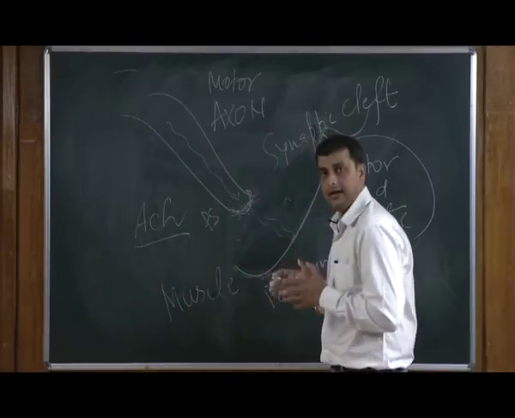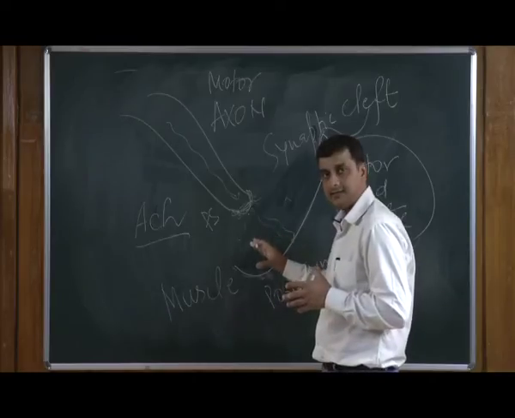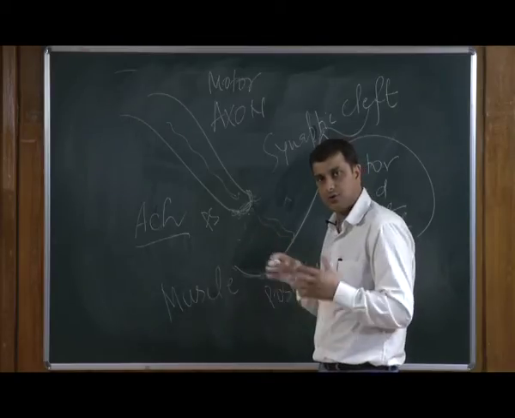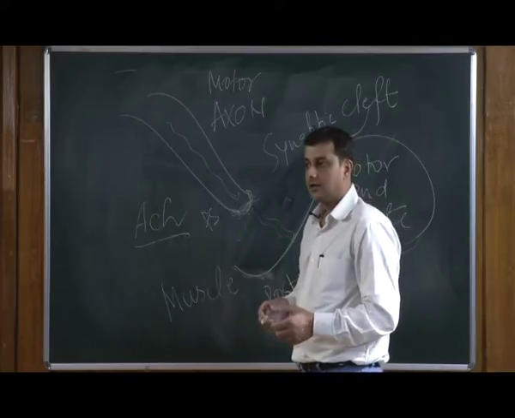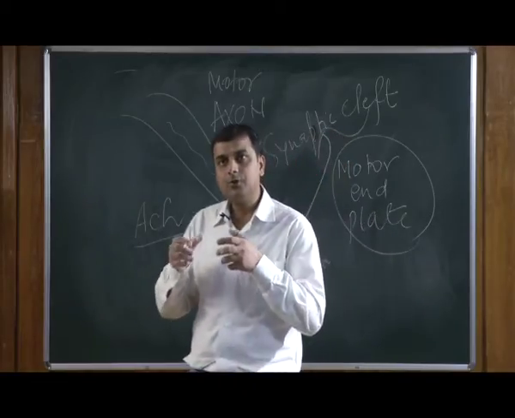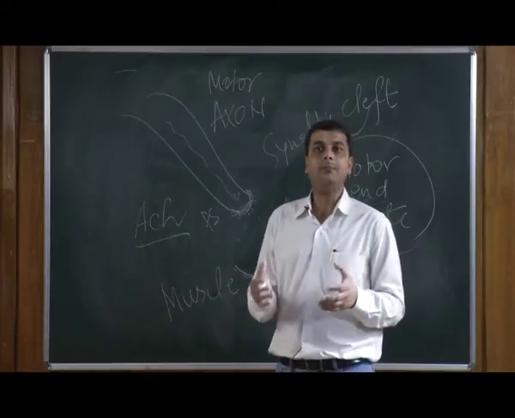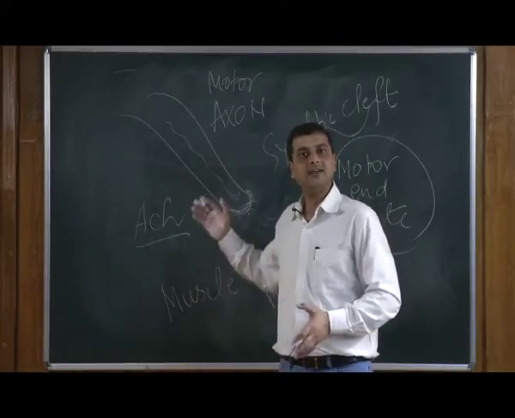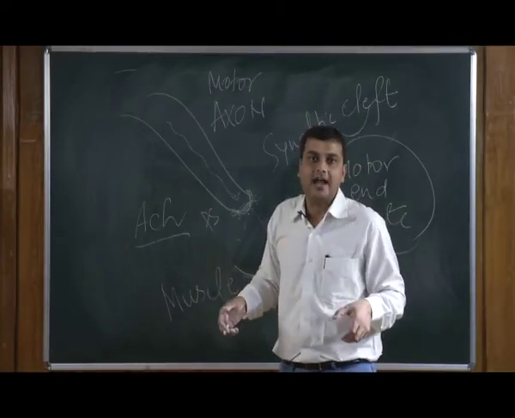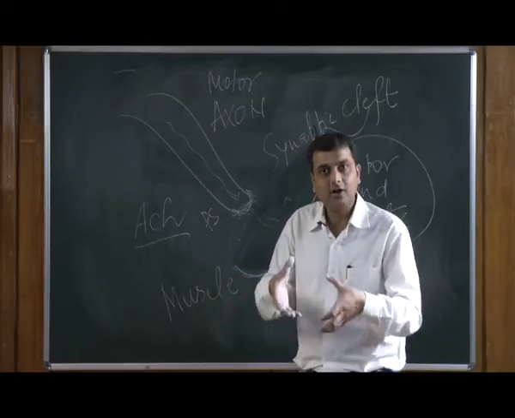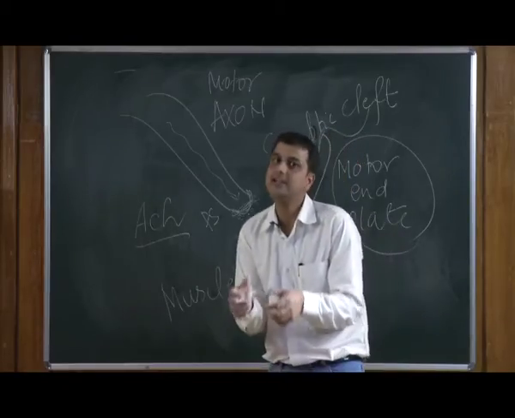Having said that, all these processes are happening and there is no contraction. Now, what will you visualize if you see a patient suffering from the disease? Patients with myasthenia gravis are unable to stand, their muscles are not contracting properly, and their whole body is flaccid.